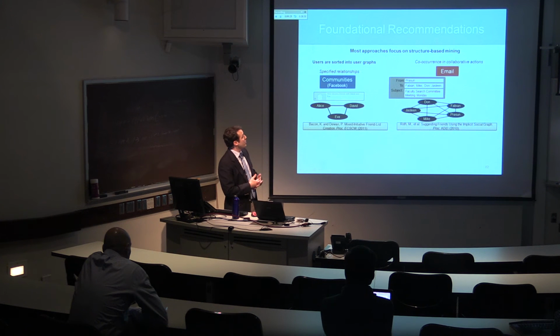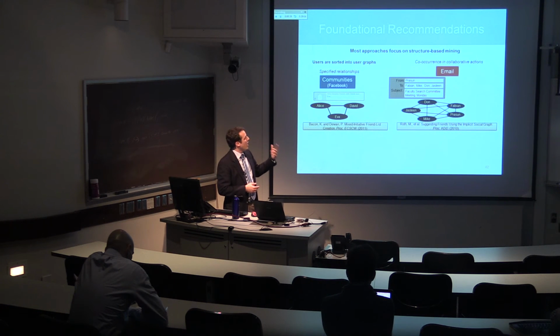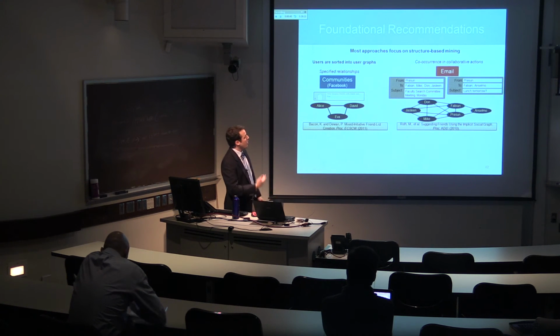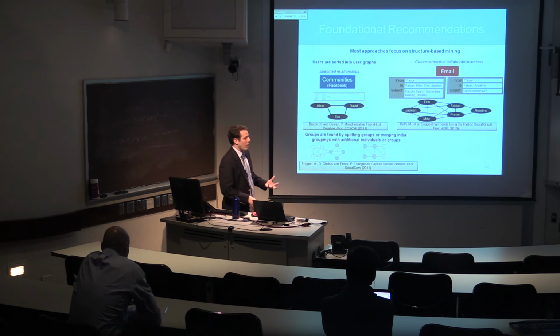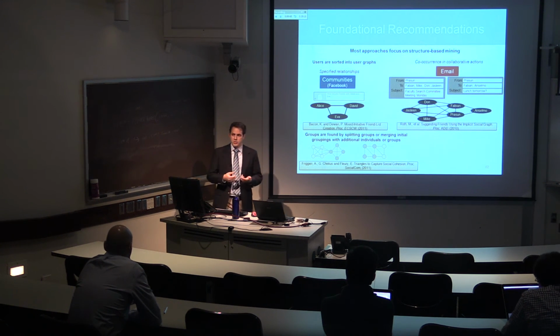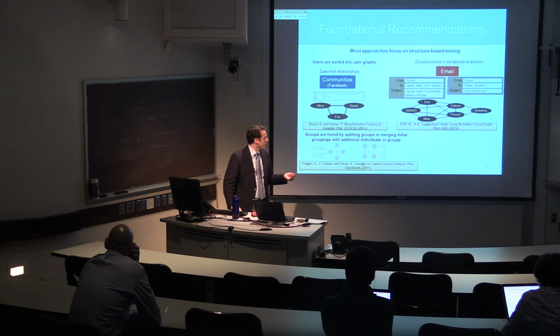Or in email, we may use co-occurrence and collaborative actions. So individuals in the graph are senders or recipients of past messages, and edges exist between them if they exist together in past messages. As more messages are seen, more nodes and edges may be added to the graph. From these graphs, groups are extracted by identifying initial structures, such as cliques or triangles, then splitting those structures or merging them with additional individuals or groups.